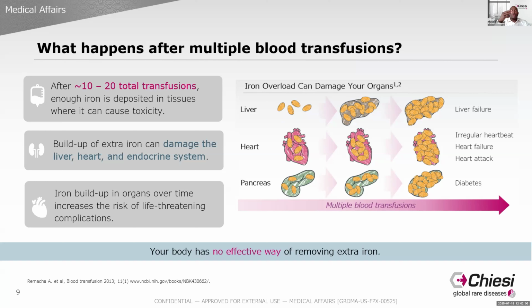Your potential for iron overload increases. It builds up and deposits in organ systems, specifically the liver, the heart, and the endocrine systems. Again, it's not removed, so it has to be removed through a process known as chelation.